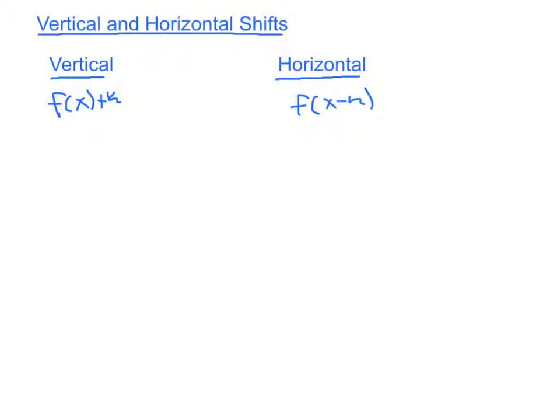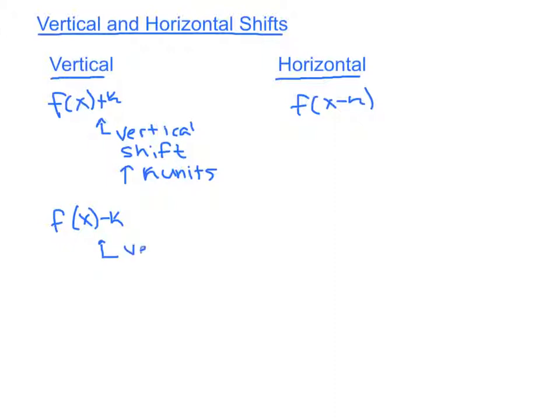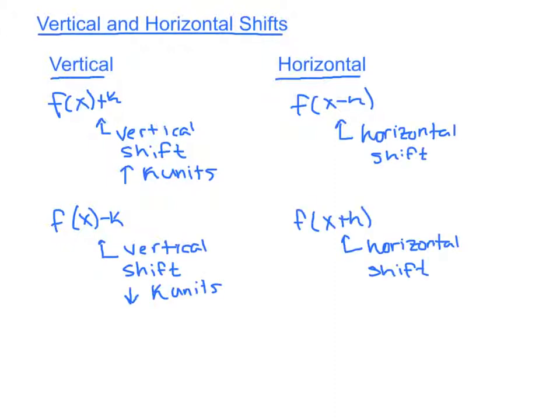If we have f of x plus k, this is going to be a vertical shift up k units. If it is f of x minus k, it's a vertical shift down k units.